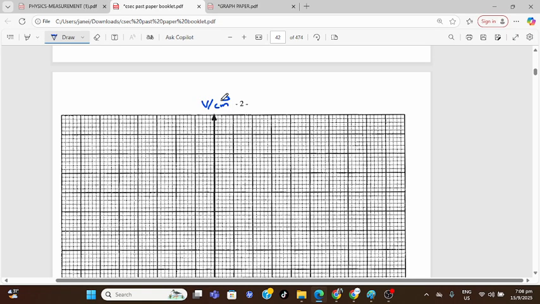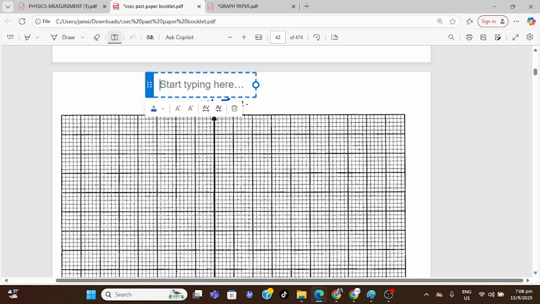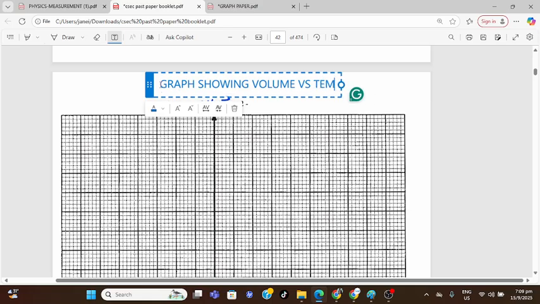And you are going to give your graph a title, all capital, graph. Let's spell graph showing mass. Sorry, volume versus temperature. Hope that comes out properly.